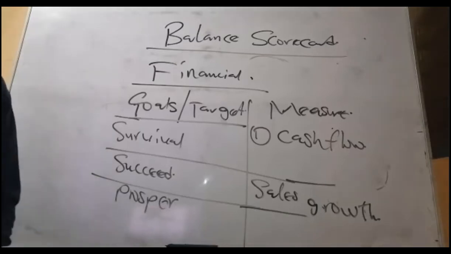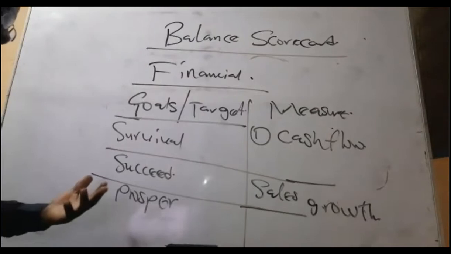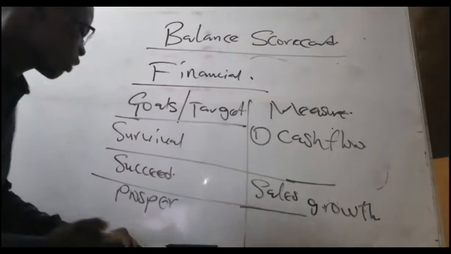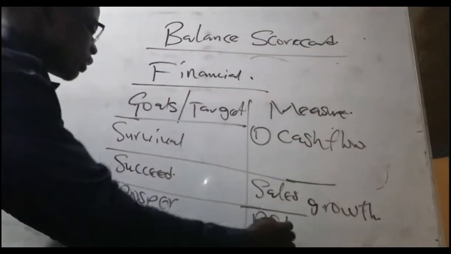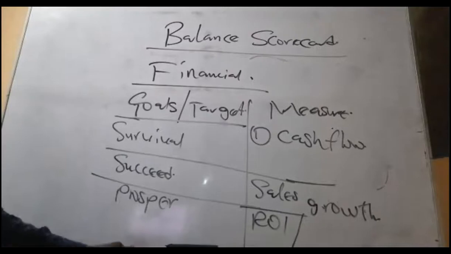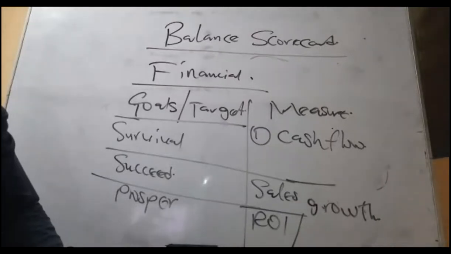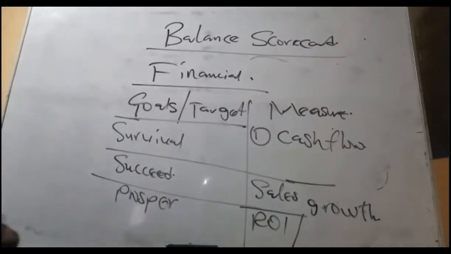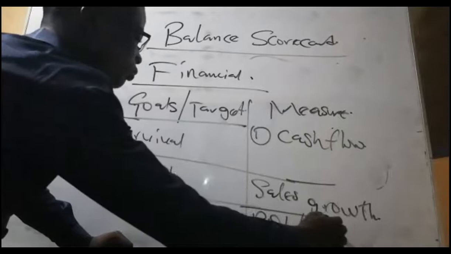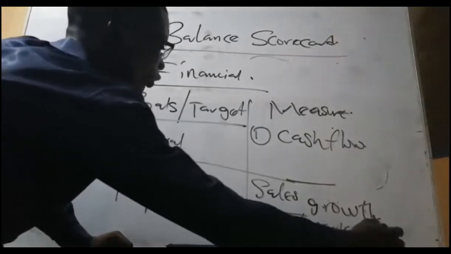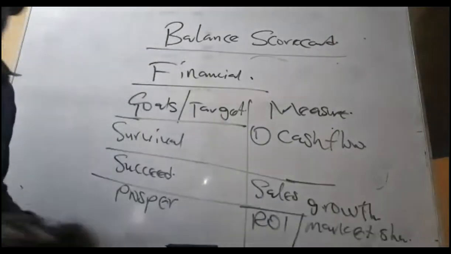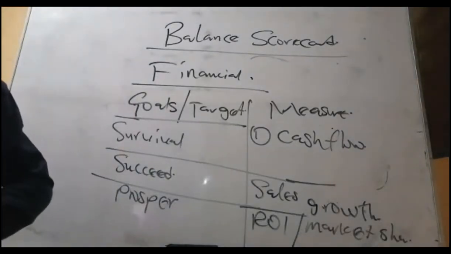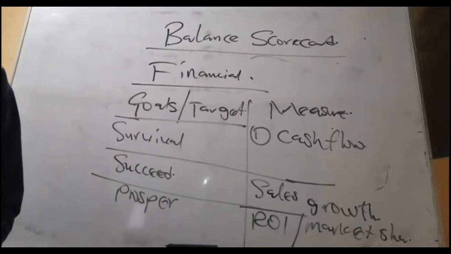Increase in operating income. That's all. The growth in operating income. Then we are done. Prosper. We can talk about the return on investment. We can also talk about the market share of the organization. Good. So basically, that is it.